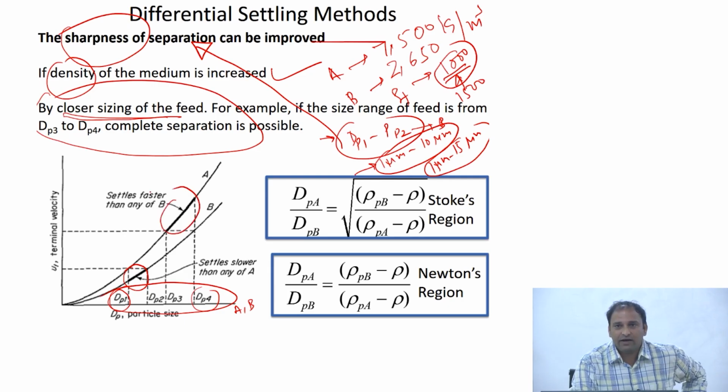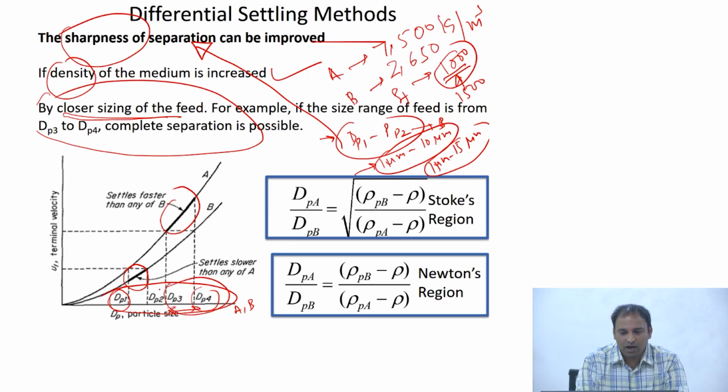For simplicity, let's say that I only have a size range from dp3 to dp4. Now I've done a closer spacing. Earlier I had a size range going from dp1 to dp4. Now I have a mixture whose size range goes only from dp3 to dp4.